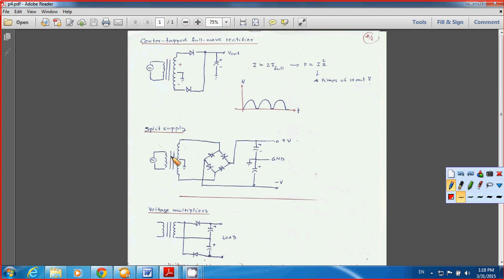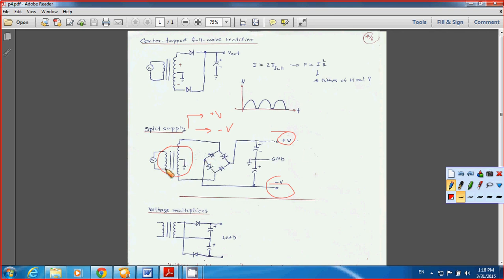Now we also use the transformer as a split supply. What does it mean, split supply? A split supply gives you both the positive output voltage and the negative output voltage. So that's why I have the output look like this one here, with just one full bridge rectifier.